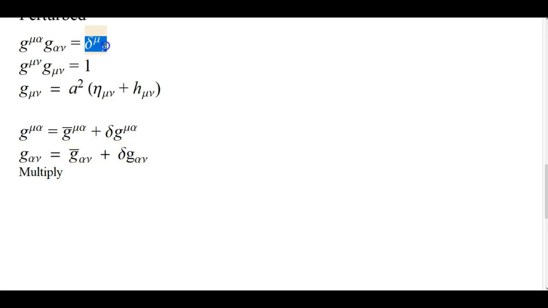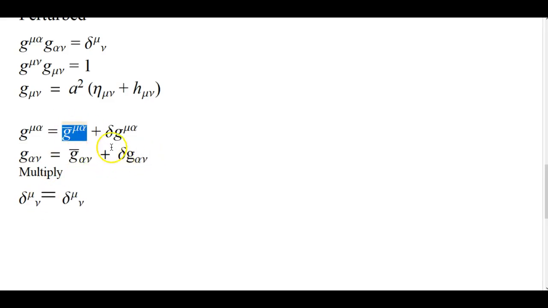So on left hand side, we multiply G mu alpha, G alpha nu, and we get this guy, delta mu nu. Right hand side, when this is multiplied by this, we get delta mu nu.